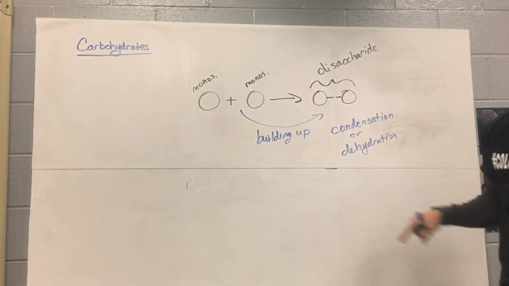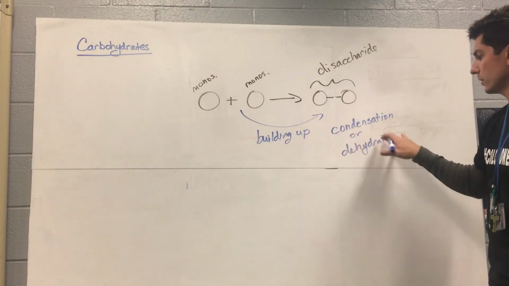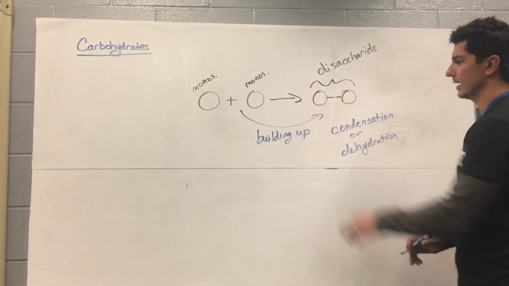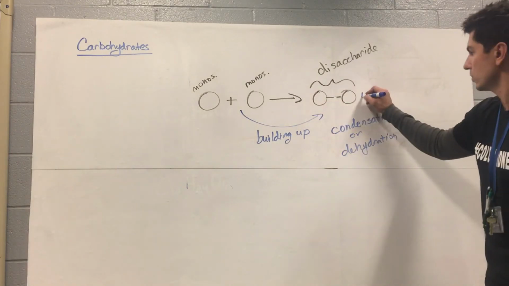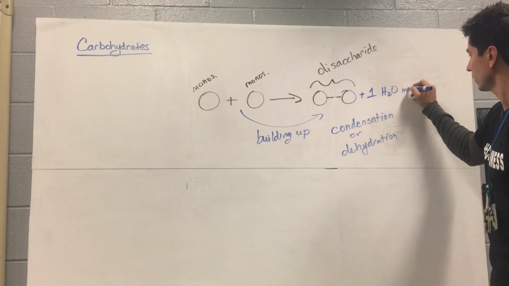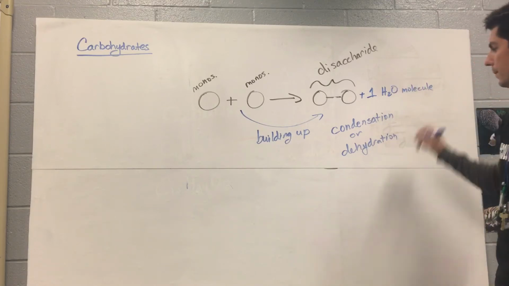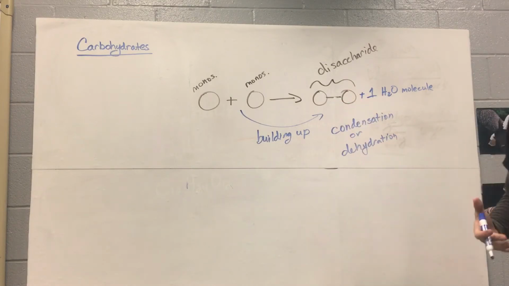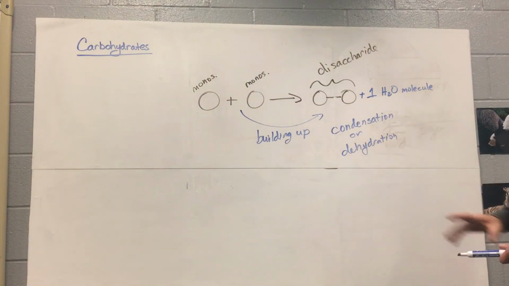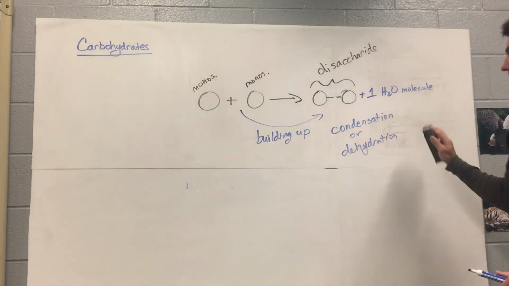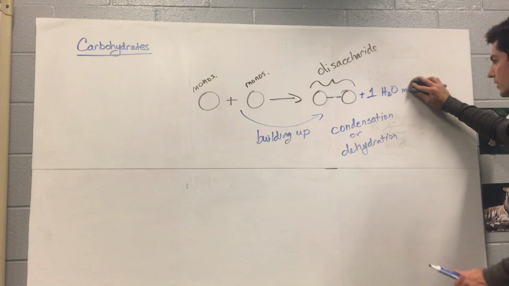So that's the one thing you have to know, is that when we build things up, it's condensation and dehydration. And when this bond comes together, out of it, we also get one water molecule. Okay? So whenever that bond is formed, we get one water molecule out of it. All right? So that is our condensation and dehydration reaction for carbohydrates.